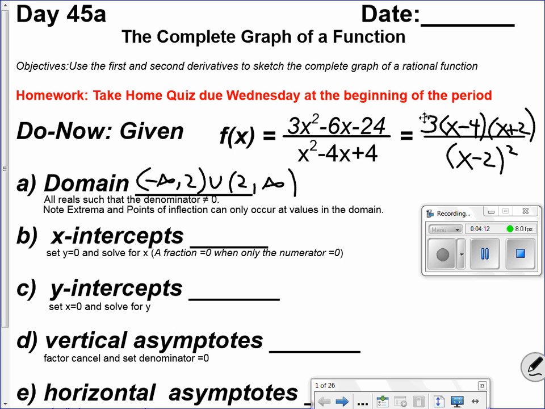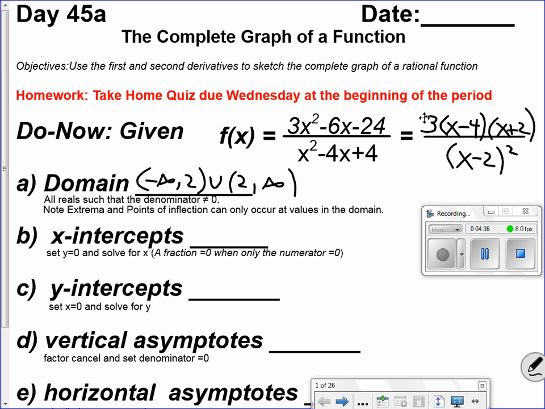It's a little awkward, but you could do all reals, and then you could say such that x does not equal. To use interval notation and then say on the side something is a little awkward. I know what you're saying, but I want you to be able to get your ideas across well.